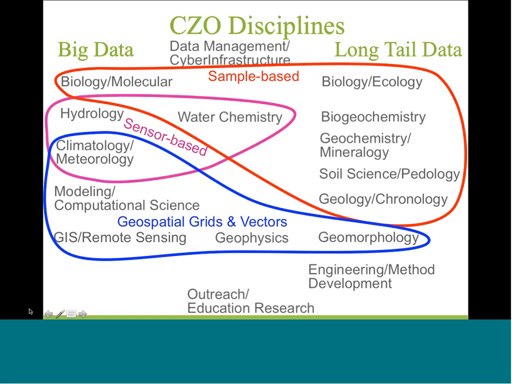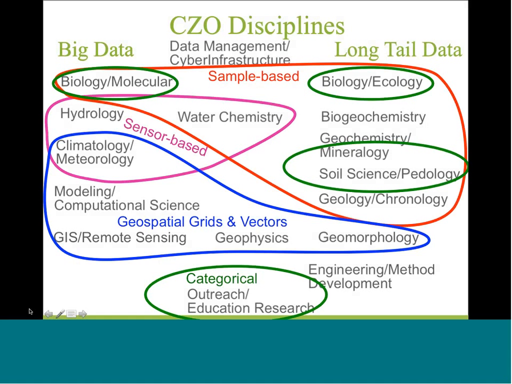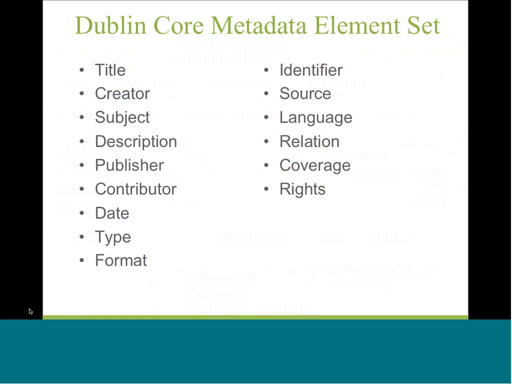Some disciplines almost exclusively deal with geospatially gridded data or vector data. And then there are a number of disciplines that are very important to CZOs that look at categorical data, not just biological taxonomies, but also things like soil taxonomy, mineralogy, rock classifications. Those are very important. So how do you deal with such heterogeneity?